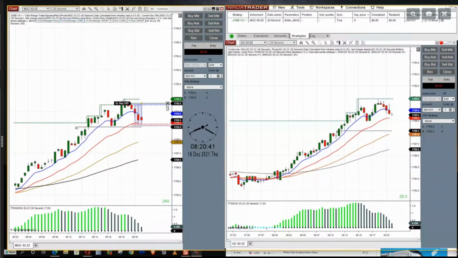See, I'm only willing to go long. Creates my range. You follow, folks? It uses the 2 last bars to create the range. And if it goes up, I'll get filled long. That's what I want to happen.